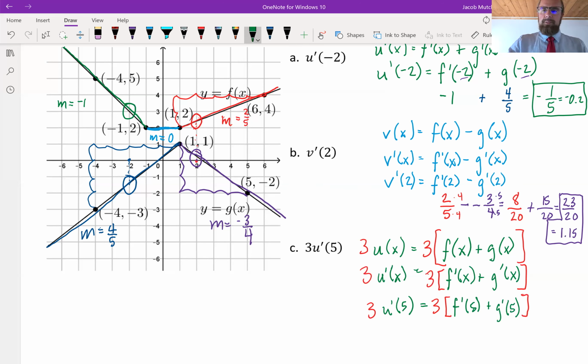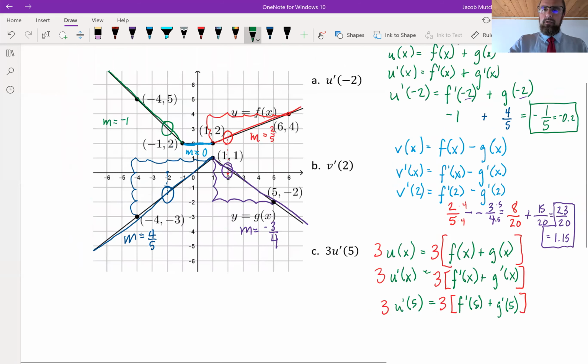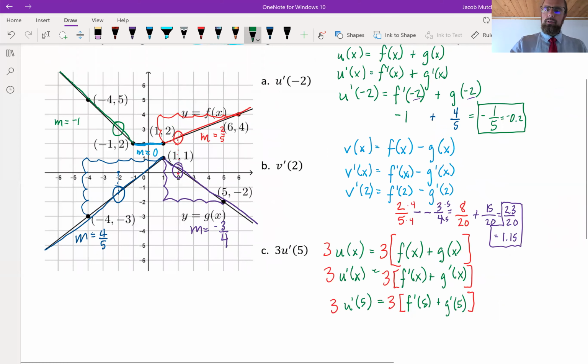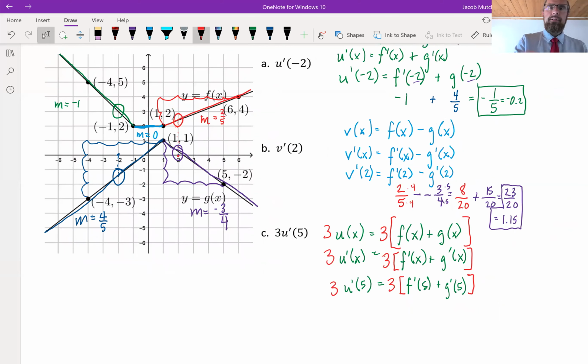So that tells me what my setup is going to be. Let's make our substitutions. Here I've got the 3. And then I need to figure out what's the derivative of f at 5.